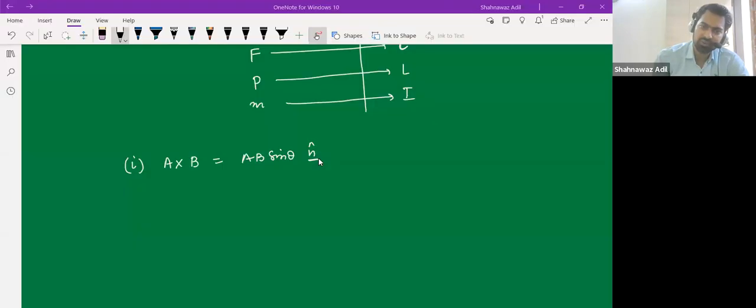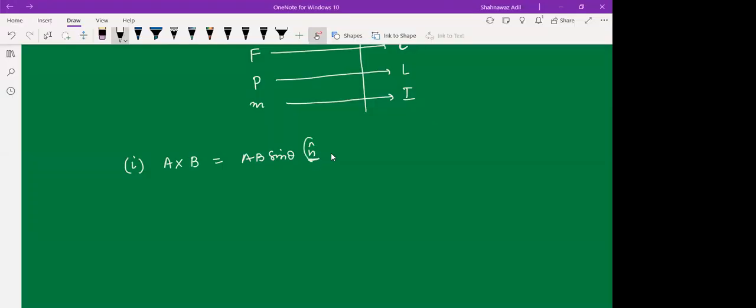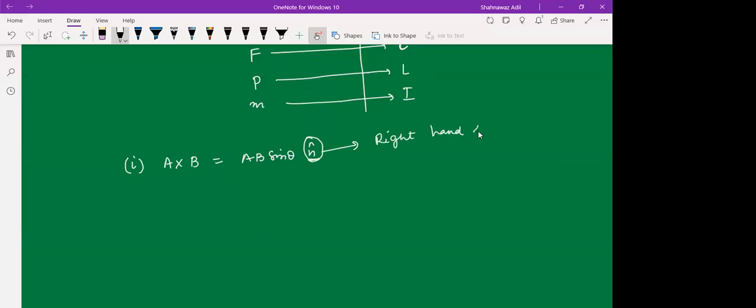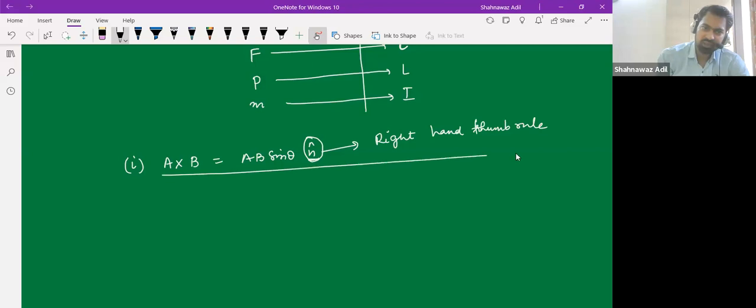When I take the cross product of i cross j, I get this k. This we have discussed. That is how we get the direction of A cross B using the right hand thumb. And what is the use of this cross product?